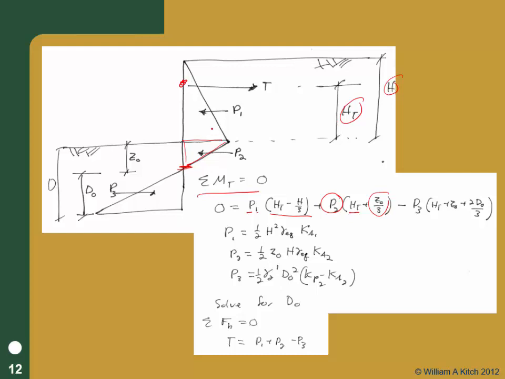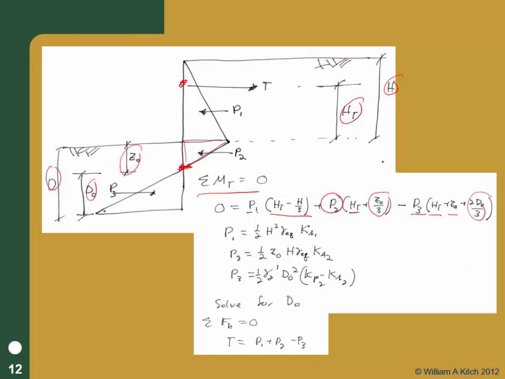It's not the shear diagram, because it's leaving T out of the equation. And then minus P3, and the moment arm for P3 is going to be HT plus Z0 plus 2 times D0 over 3, where D0 is the depth below this point of 0 earth pressure. So D is our total embedment, Z0 is the depth where we find 0 net earth pressure, and D0 is the depth below that.